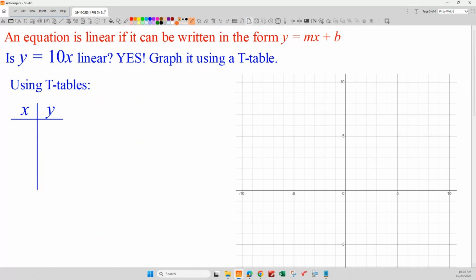Anytime we can write the equation using algebra in the form y = mx + b, and you've seen that before, that's just slope-intercept form, where m is a number and b is a number, even if I don't do it, then that means it's linear. For example, y = 10x is linear, it's in that form, right? Because it's in the form y equals some number times x plus another number, in this case 0.